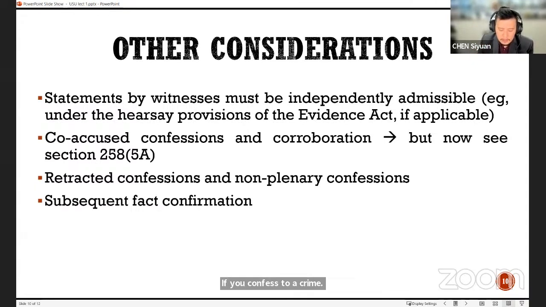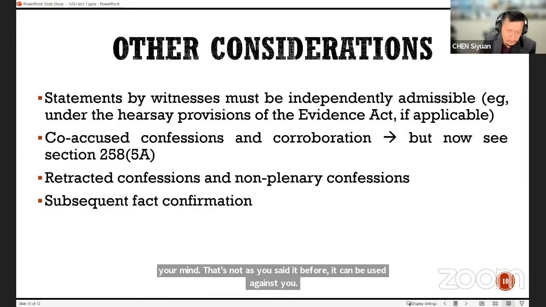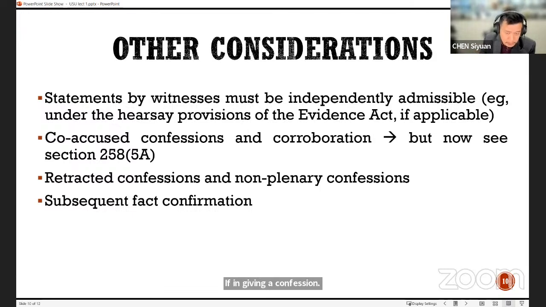And if in giving a confession, you successfully make the case that your confession was given as a result of threat, inducement, or promise or oppression, right? The substantive requirements, the voluntariness requirements we just saw in the previous slide. But as a result of your confession, the police finds evidence that confirms your guilt. They can use such evidence.